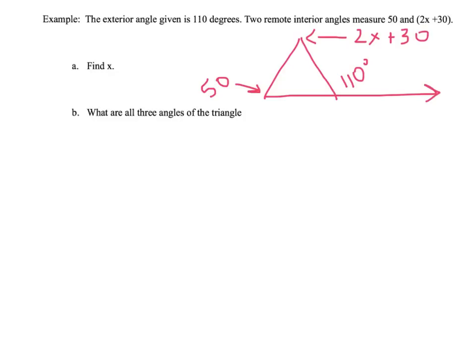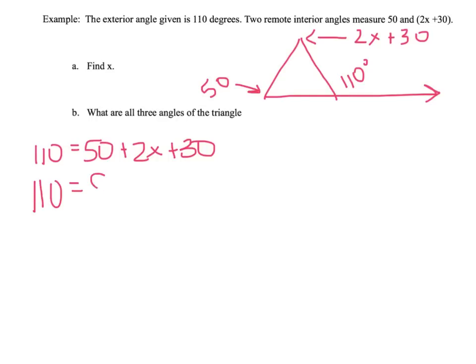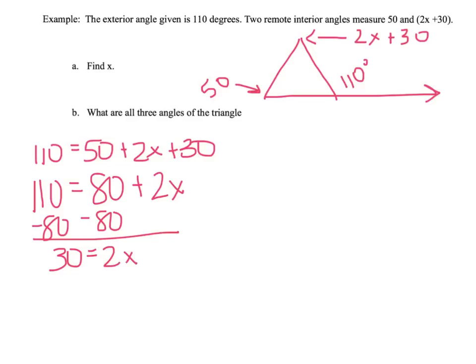So we'll say 110 equals 50 plus 2x plus 30. Now we need to combine like terms. So 50 plus 30 is 80. Subtract 80 from each side. 30 equals 2x, divide by 2, and x equals 15.